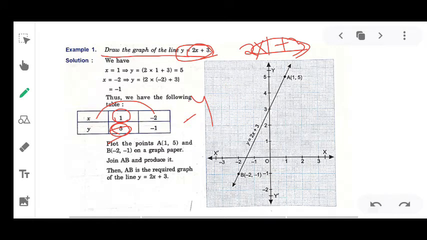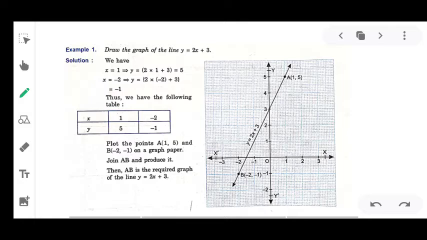Now you have to plot the points. So these are the points (1, 5), then (-2, -1). First I have to plot the point (1, 5). So 1 for the x coordinate, and 5 for the y coordinate. This is the point A (1, 5).